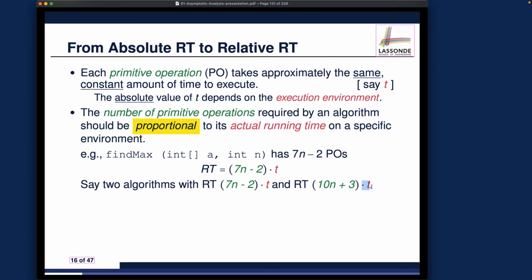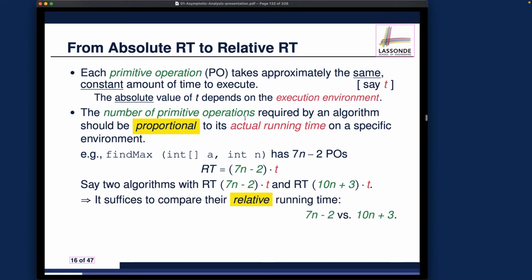So we can simply drop it without losing any information. It's a very important concept to grasp: by dropping the t, we are essentially moving from absolute to relative running time. It will be sufficient just to compare the number of primitive operations.